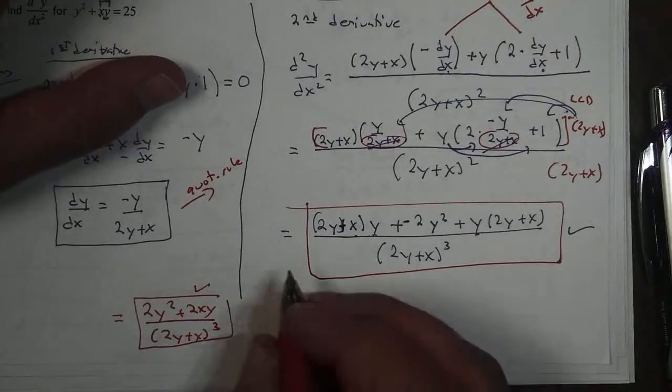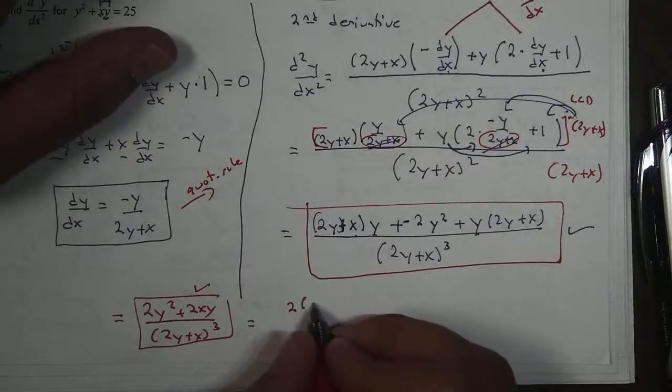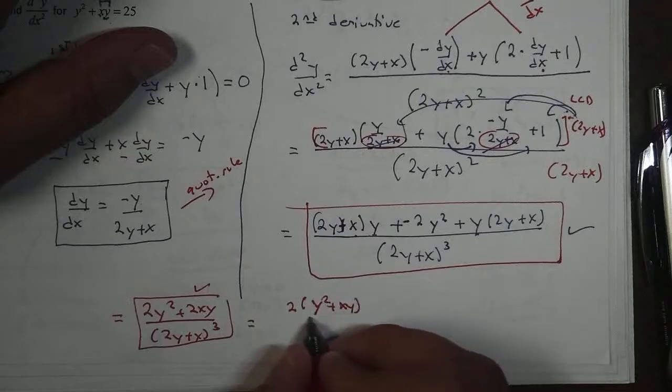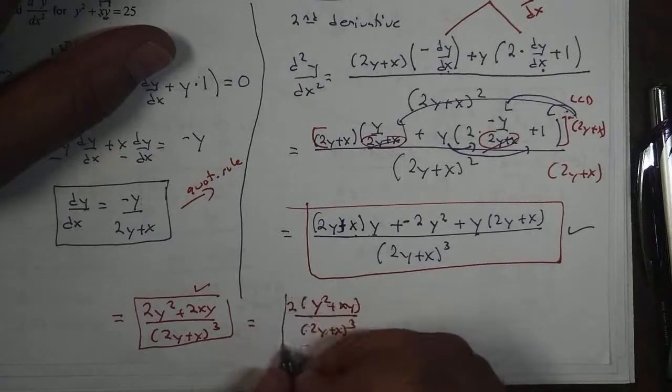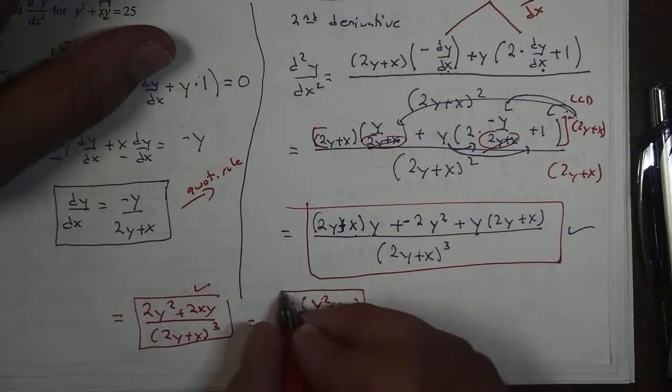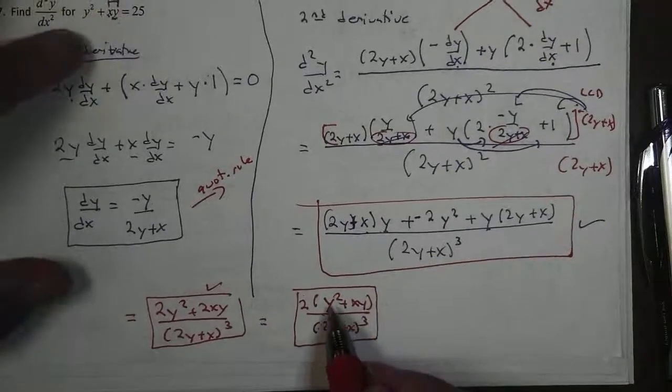But then there's always somebody who says, yo, Mr. Werner, what if I factored out the 2 on top? Over 2y plus x cubed. I would accept this. But why would you want to factor out the 2?